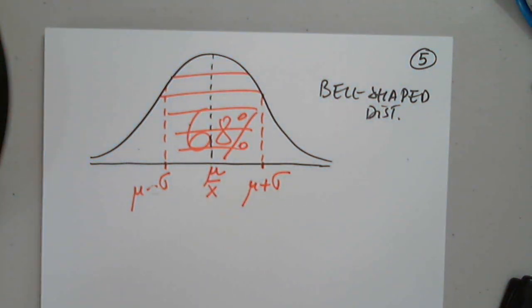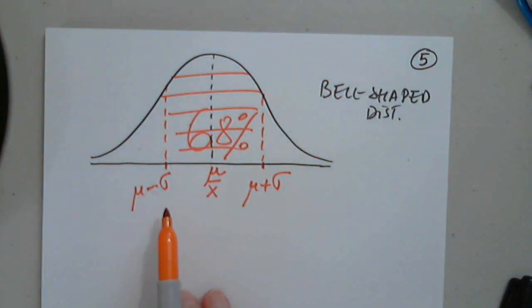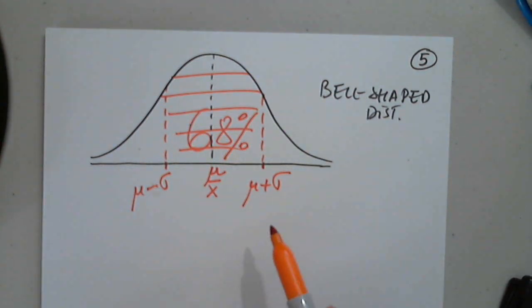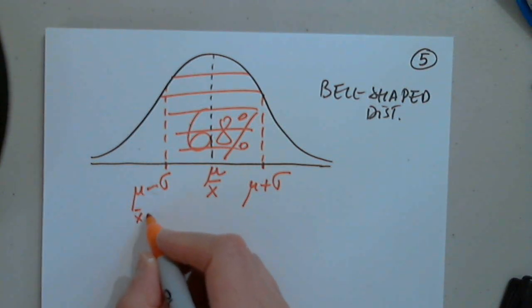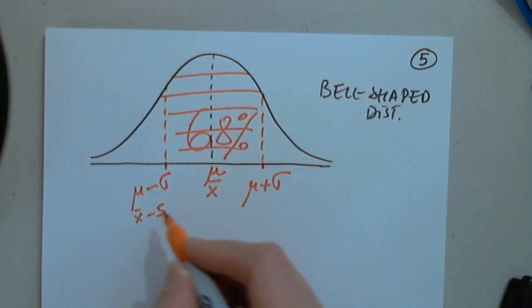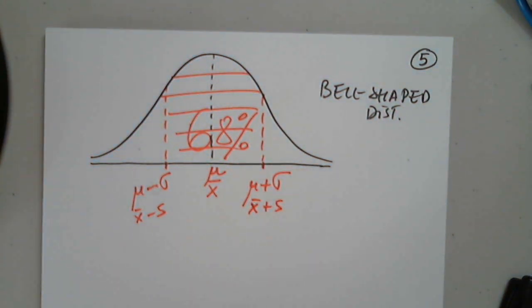So again, what does this mean? It means that if the distribution is bell-shaped, approximately 68% of all the observations are expected to be within 1 standard deviation of the mean. And of course, it can be x bar minus s and x bar plus s. Same thing, just different notation.